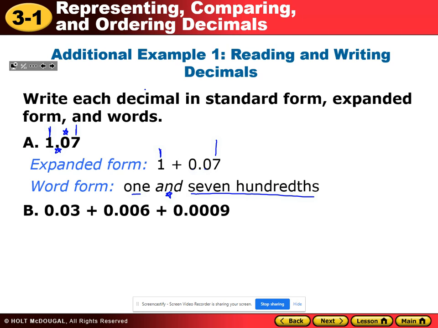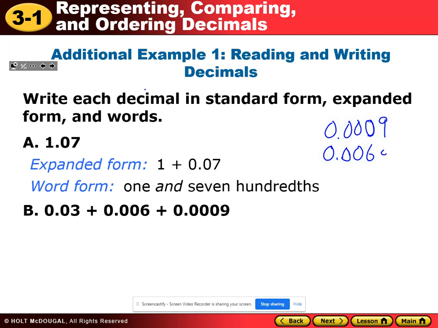Okay? So now, if we're doing B, they would say write it in standard form and word form. So if we would line these up like we're going to add them, 0.0009, then I would line up the 0.006.